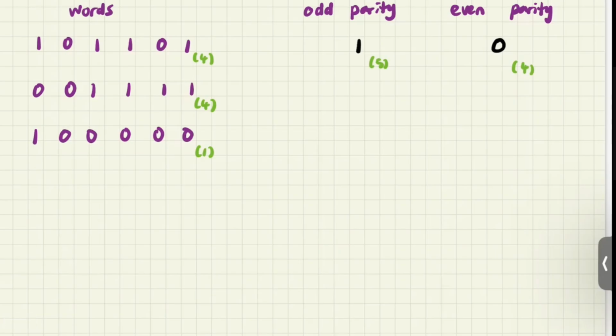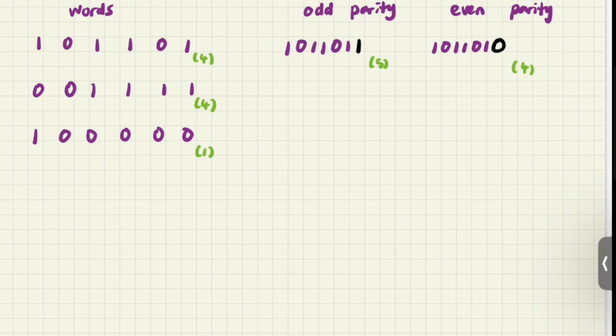So this will become 1101101, and here 101101. So you add 1 to make it odd when the weight is even, and you add 0 to remain even, for the even parity.